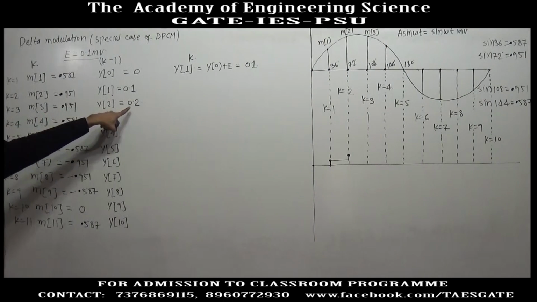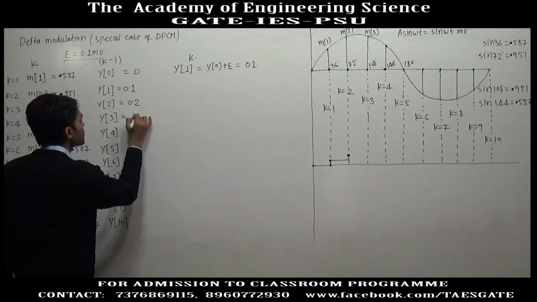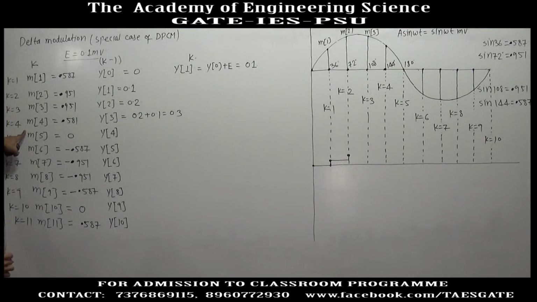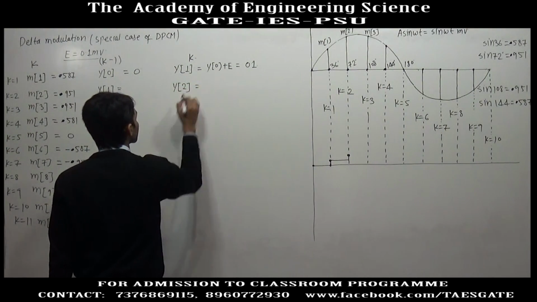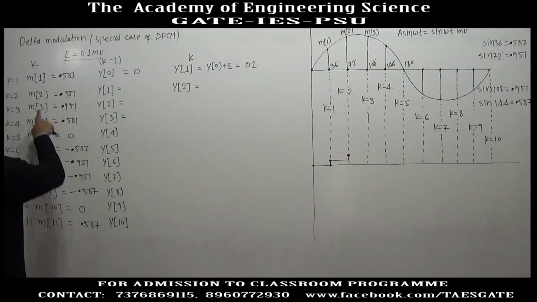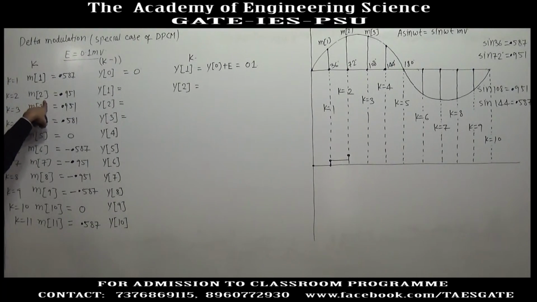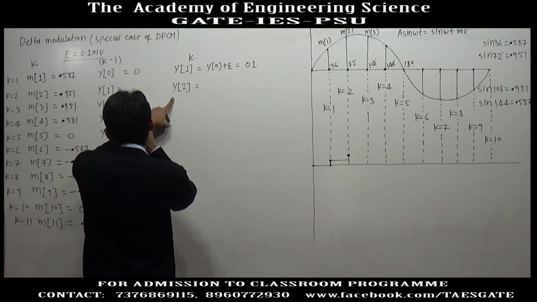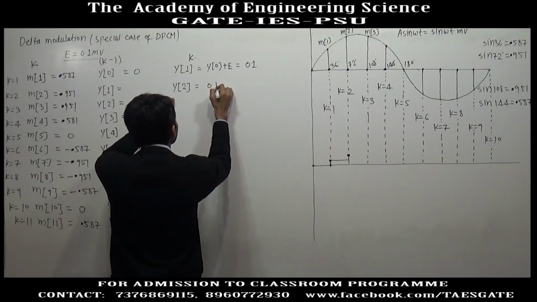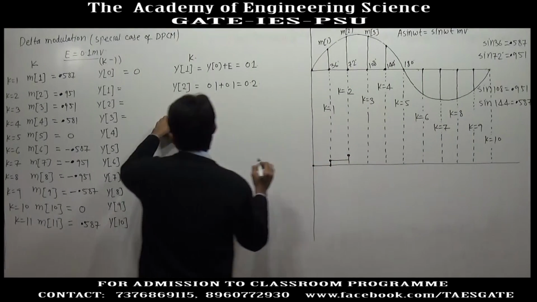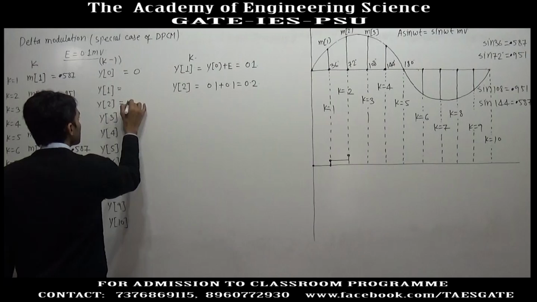Again, if we compare, the present input is greater than the previous output. So, this will be 0.2 plus 0.1, 0.3. At k equal to 2, to find y2, we will compare m2 and y1, and since m2, the present input, is greater than the previous output, y2 will be 0.1 plus 0.1, equal to 0.2.